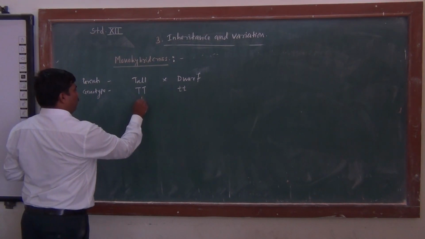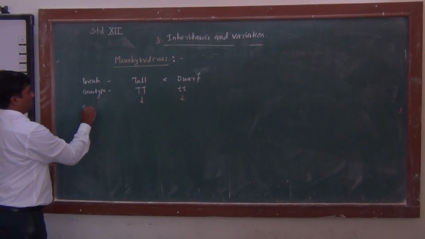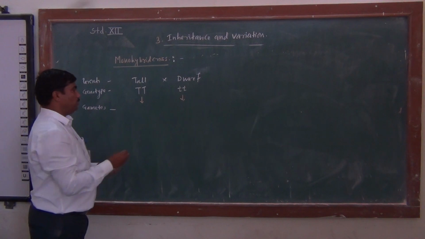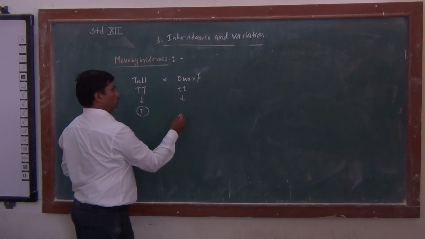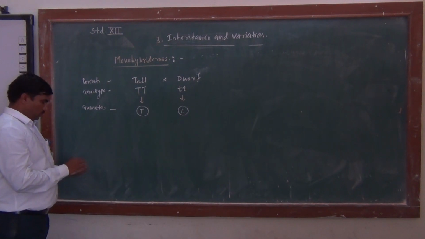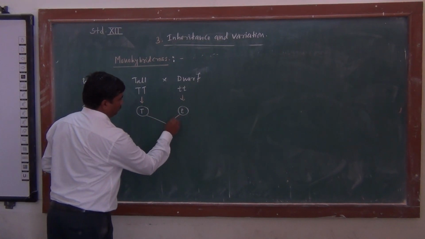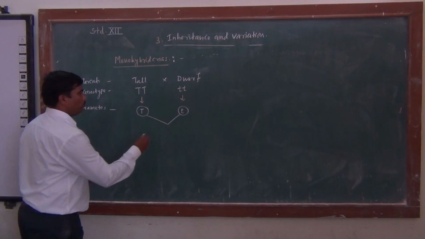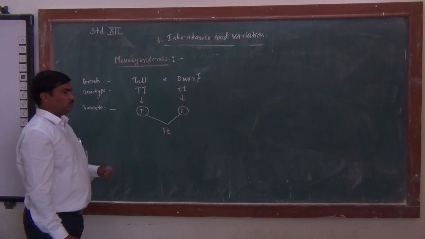Then gametes are formed. You have to make gametes. A homozygous individual forms only one type of gamete. So capital T, capital T is homozygous and forms only one type of gamete, capital T. Small t, small t also forms only one type of gamete, small t. Then these gametes fuse together during fertilization to form the F1 individual, capital T, small t.